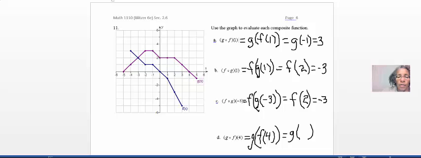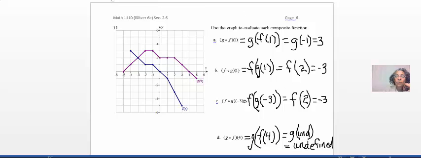So f of 4, I'm sorry, I need to be putting 4 into f, not into g. So notice f isn't defined at 4. So this is g of something undefined. In order for g of f of 4 to be defined, f of 4 has to be defined. So this is undefined since f of 4 is undefined.